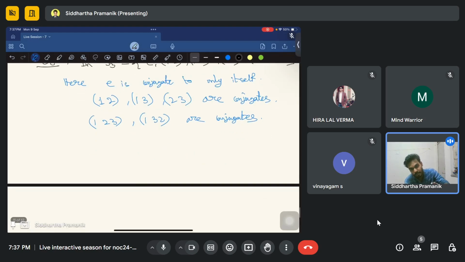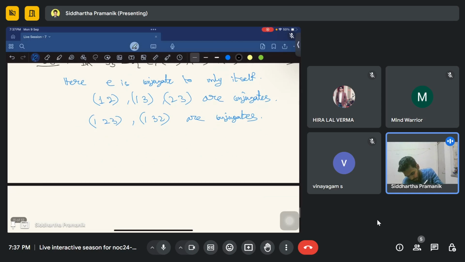S4 has 24 elements, so I am not going to write all 24 elements. Take (1 2)(3 4) and (1 2 3 4).